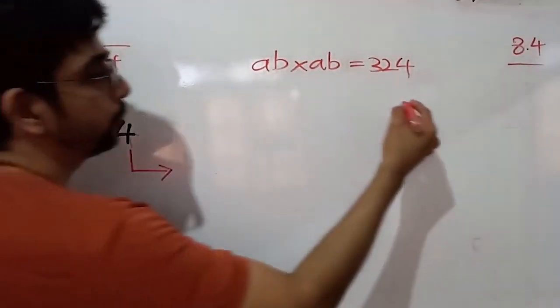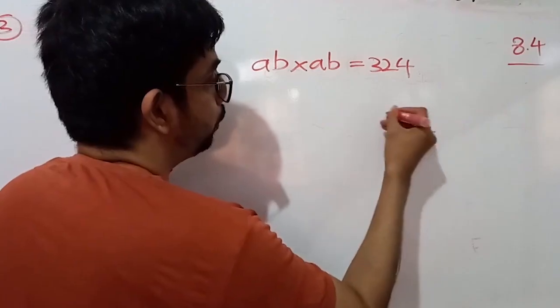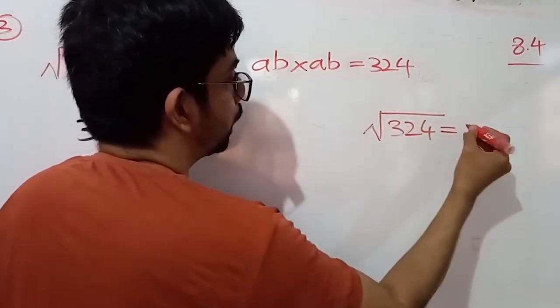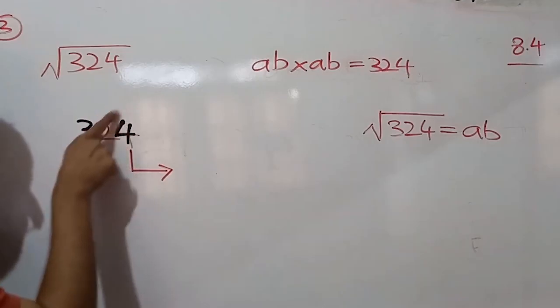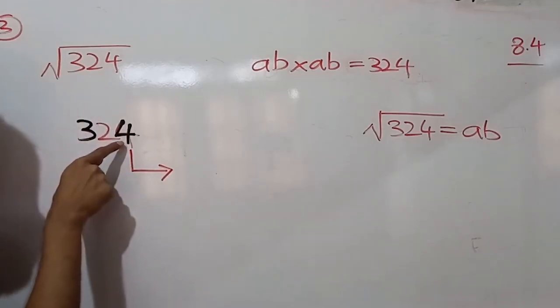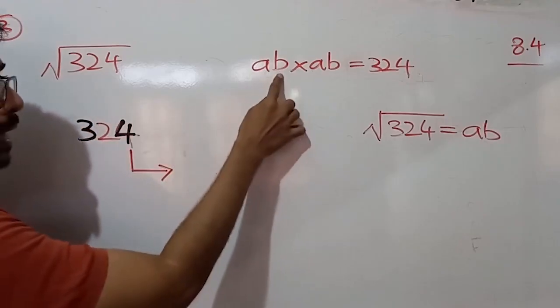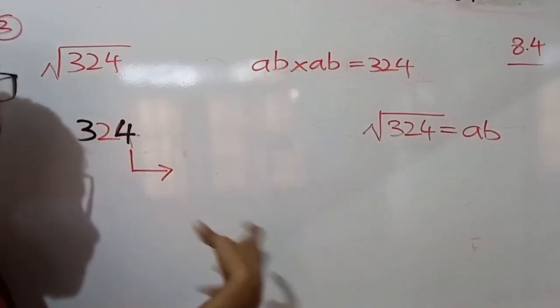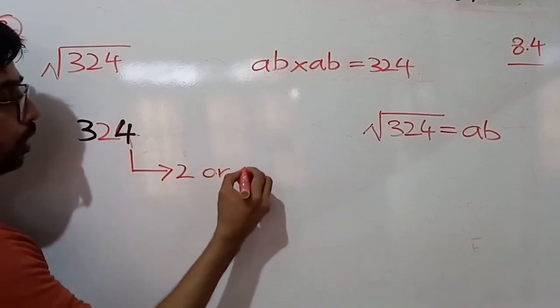Here, if we only think about this, the square root of 324, that is what? AB. So on 324, the digit on the ones place is 4. So we can get some idea regarding what B can be. The digit can be either 2 or 8.